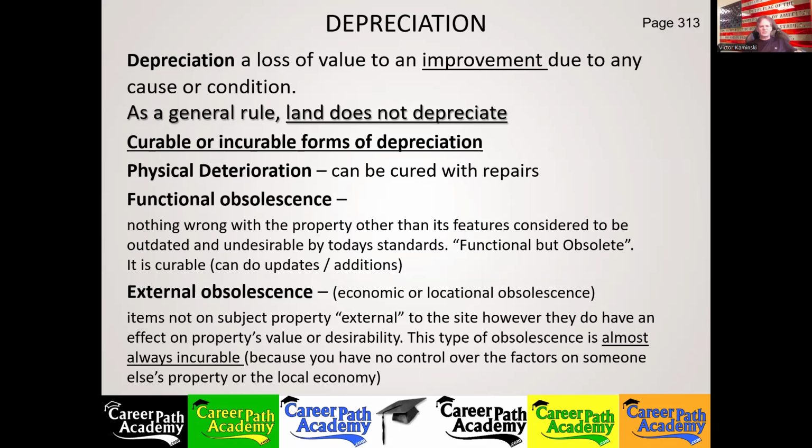So those are your explanations and definitions for functional and external obsolescence, so that you have an understanding of how that works, what those things mean, and what depreciation is. It's a loss of value to an improvement due to any cause or condition.